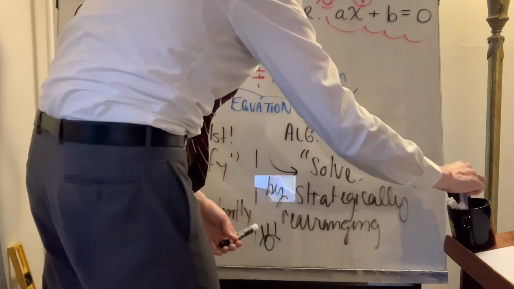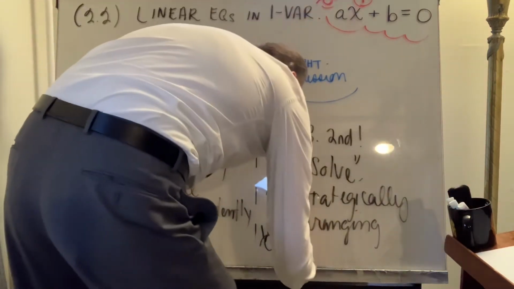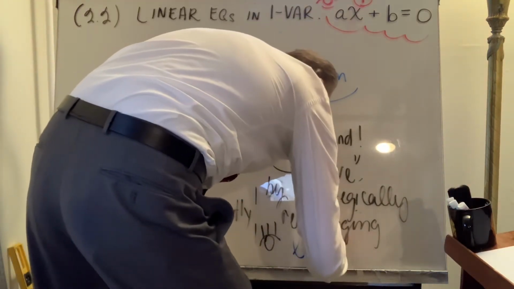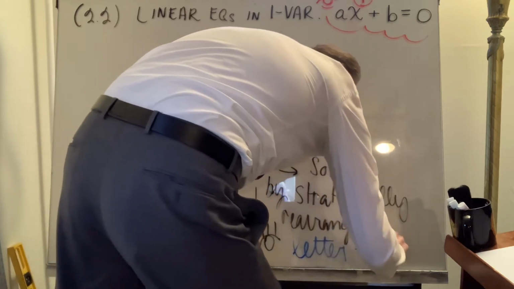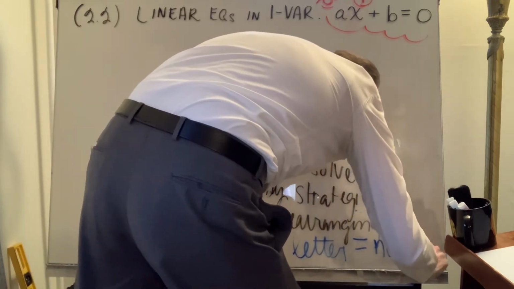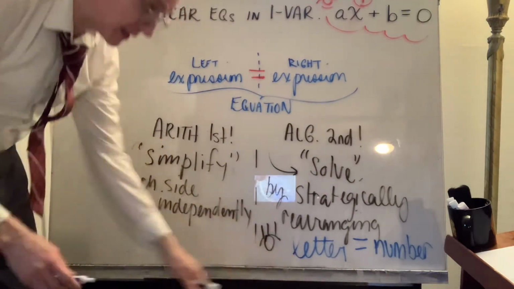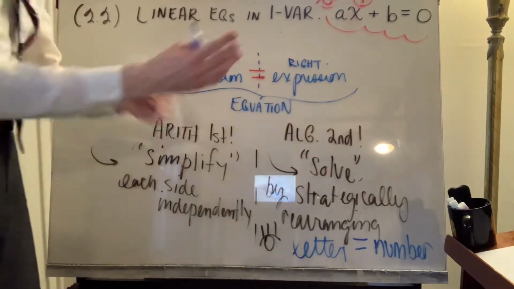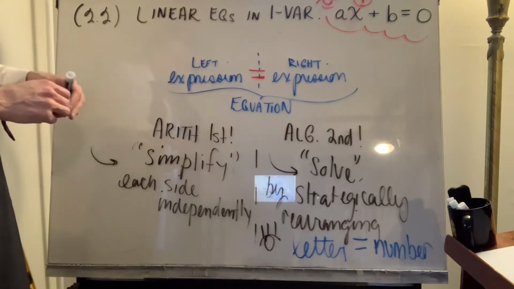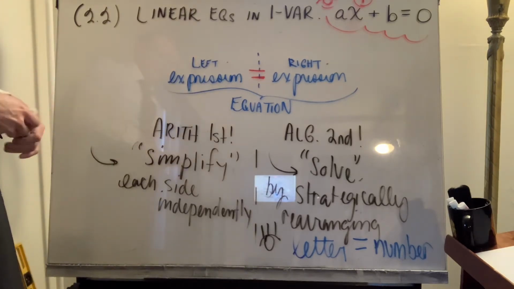You would like it to basically look like a letter, a variable, equaling just one number on one side. That's the ideal situation. Letter equals number. You strategically rearrange the parts to make it look so.